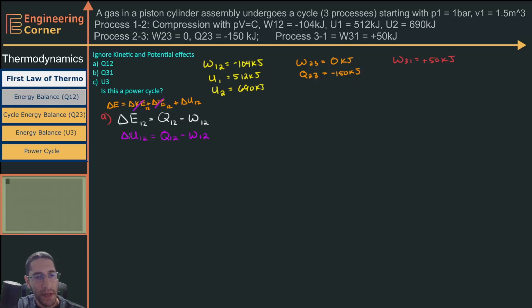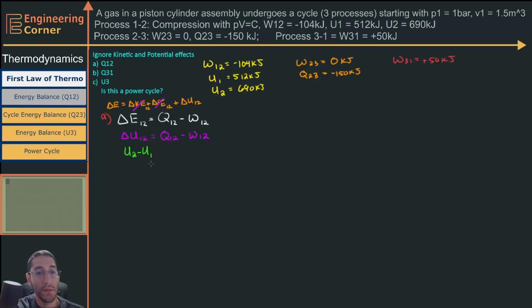Last thing we can do to simplify this is we can say this change of U 1 to 2 is really U2 minus U1. And the order does matter. We're going from state 1 to state 2. So state 2 is our final state, and state 1 is the initial state.